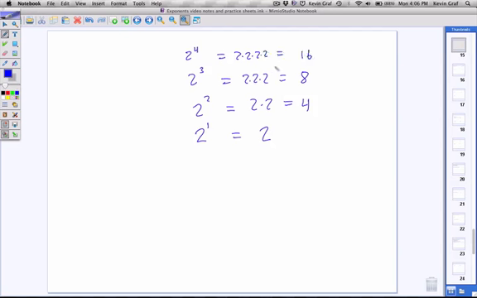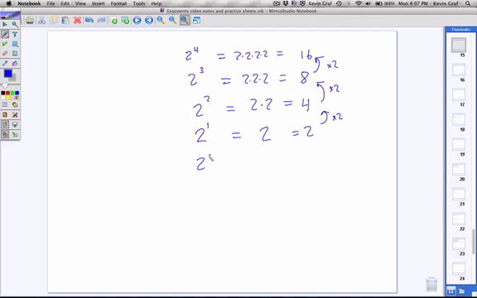What we see in this middle column is that we're adding an extra 2 that we're multiplying by every time, and our result is increasing times 2, times 2, times 2. So every time I add 1 to the exponent, I'm multiplying by 2 going up this column.